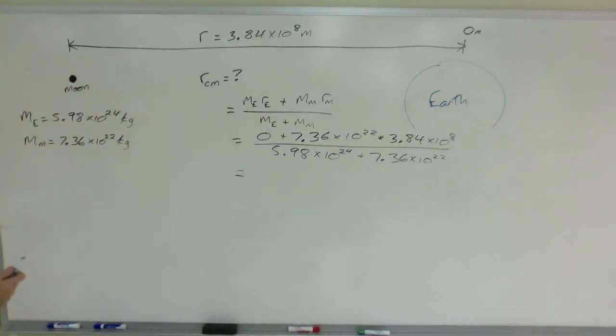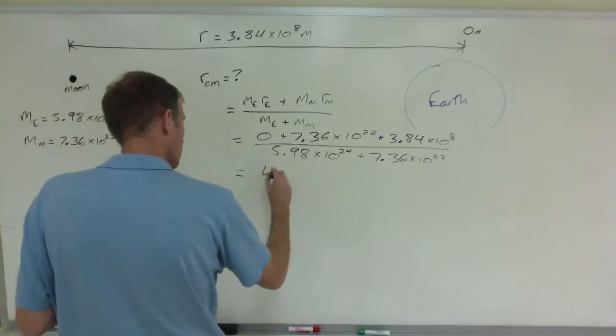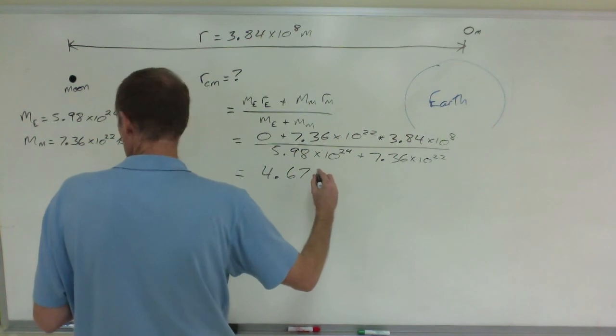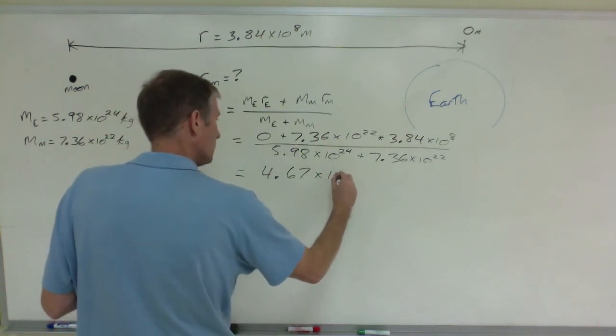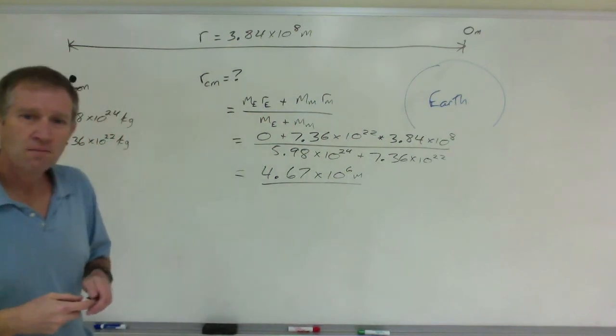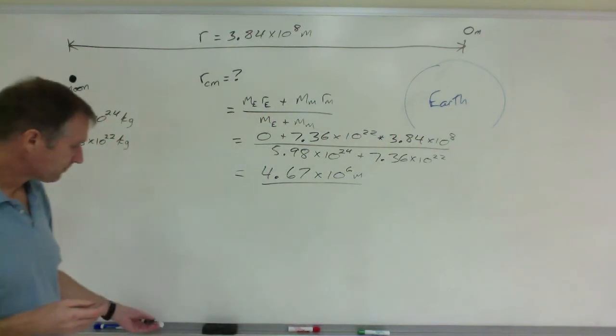And when you do all the math, it comes out to be 4.67 times 10 to the 6 meters, measured from the center of the Earth.